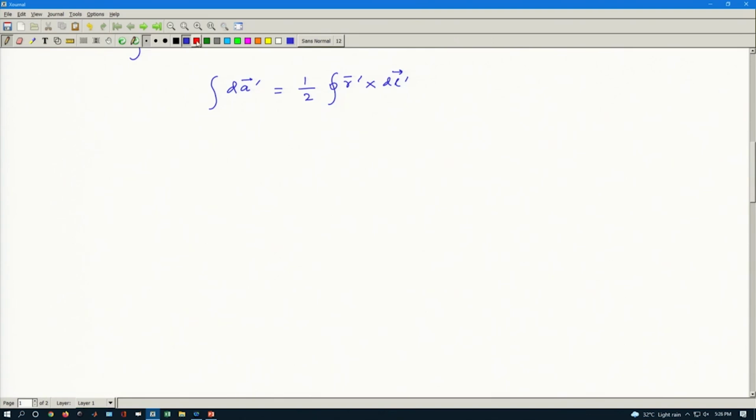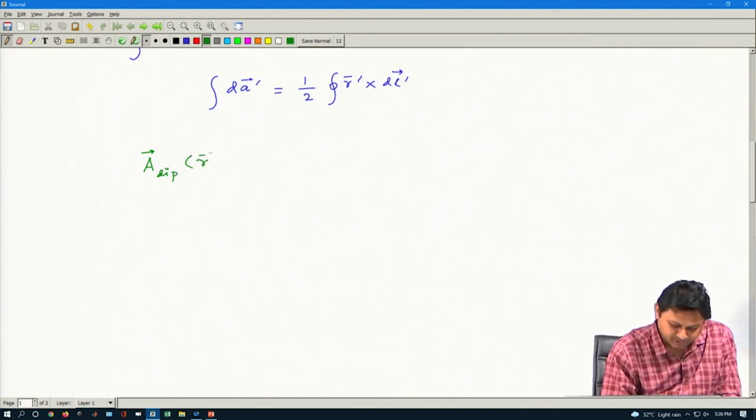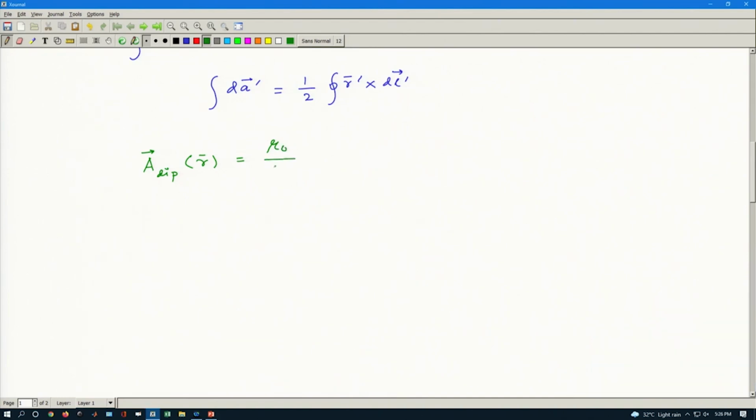And then finally we got the expression of the dipole. The vector potential due to the dipole contribution is something like mu 0 divided by 4 pi, and then a term called m, which is our magnetic dipole moment, over r square, where m was defined as current into area.